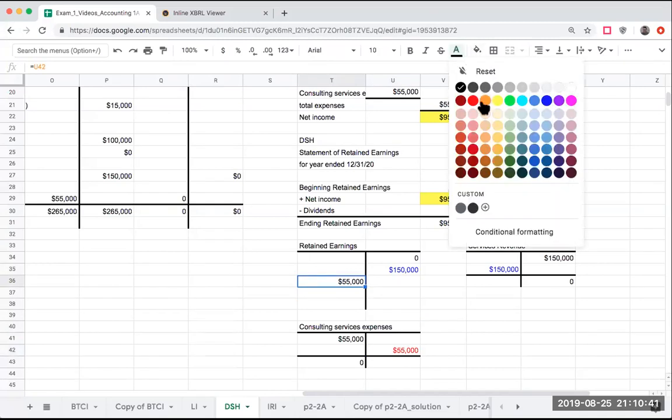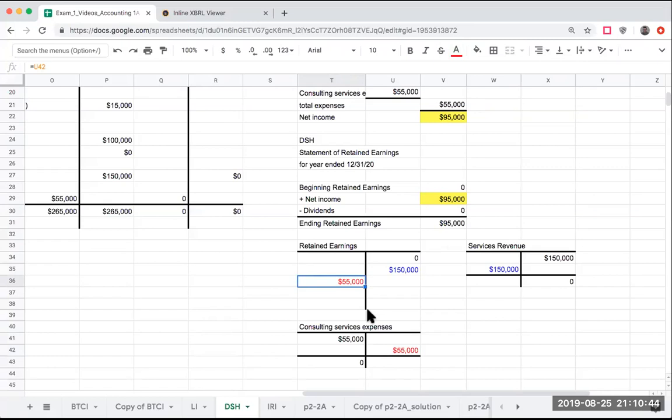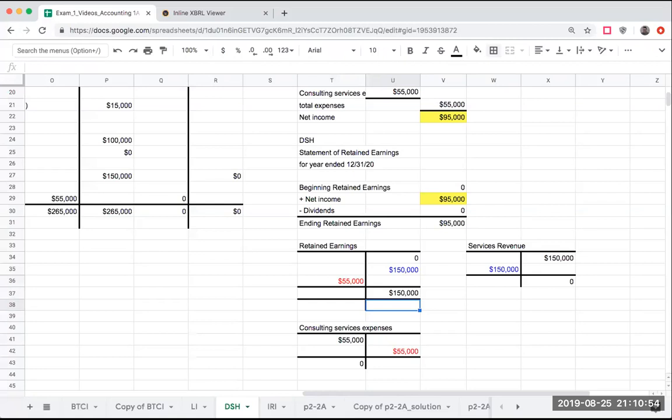And when I debit retained earnings, this is at 0. This is really where I'm going to be doing a huge check of my work. 0 plus 150,000 is 150,000, and 55,000 here. So what is my ending balance in retained earnings? I subtract the smaller from the larger value, and I put the remainder on the side with the larger value.